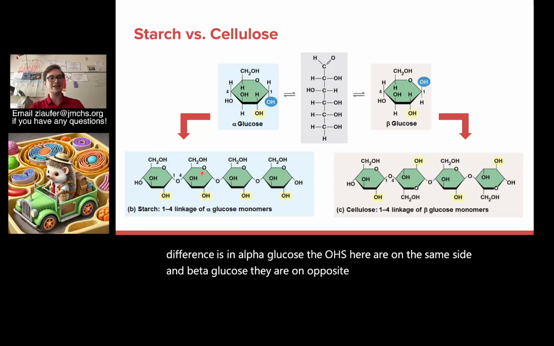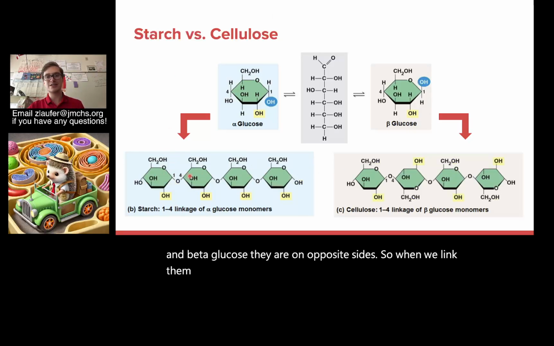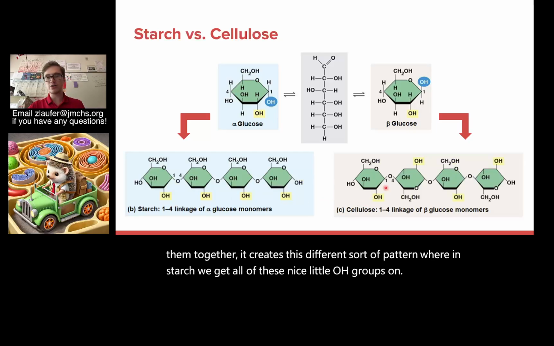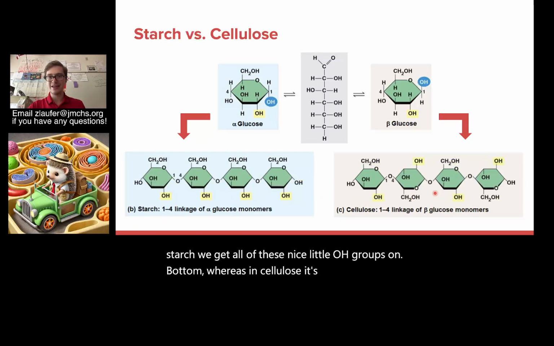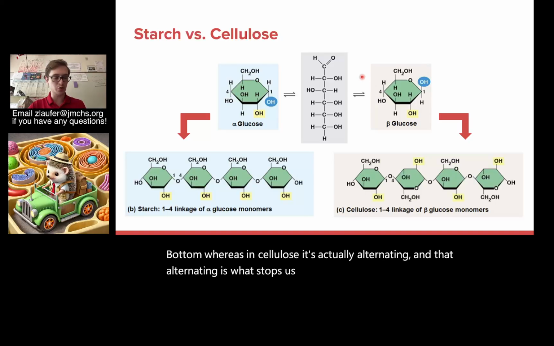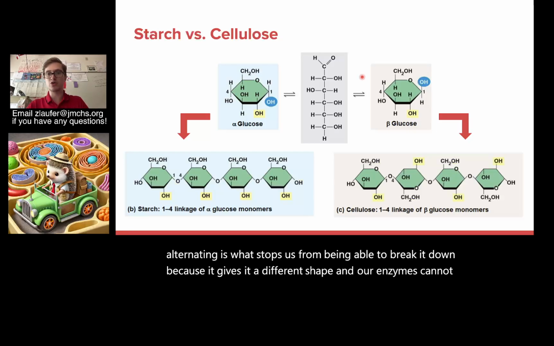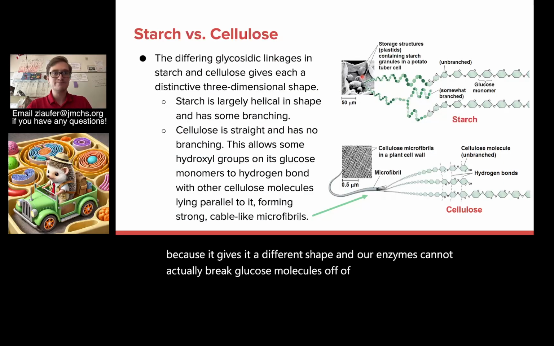So when we link them together, it creates this different sort of pattern, where in starch, we get all of these nice little OH groups on the bottom, whereas in cellulose, it's actually alternating. And that alternating is what stops us from being able to break it down, because it gives it a different shape, and our enzymes cannot actually break glucose molecules off of it.